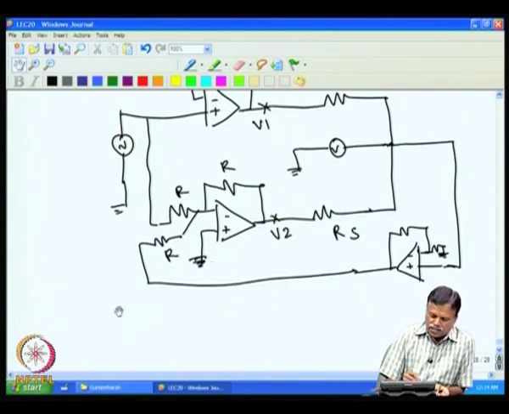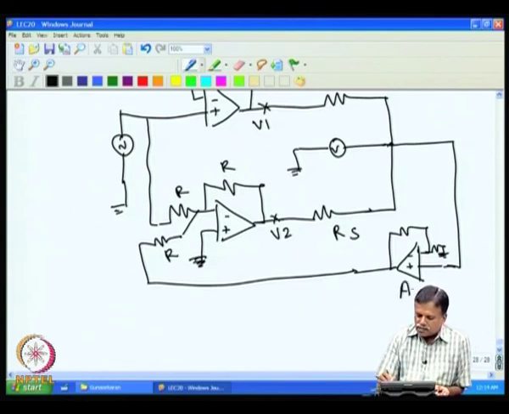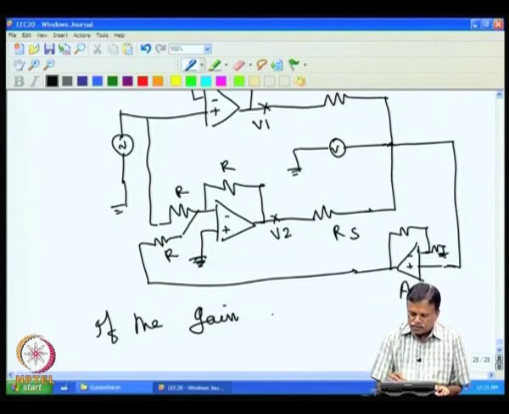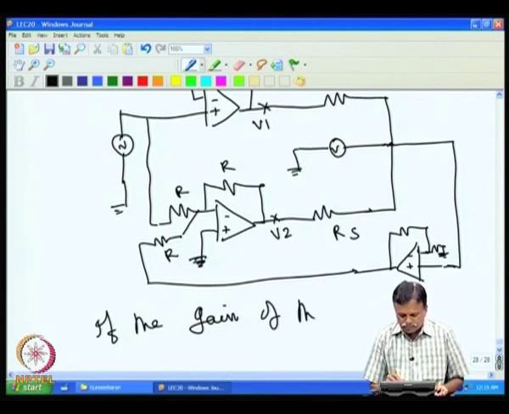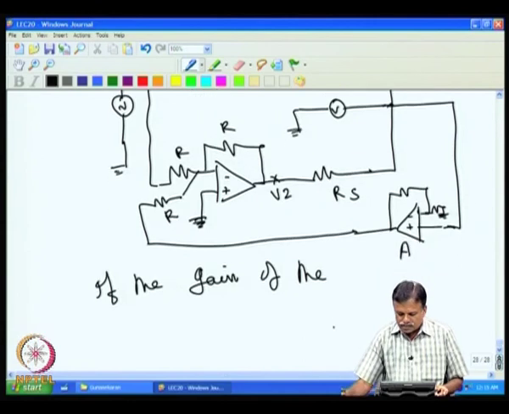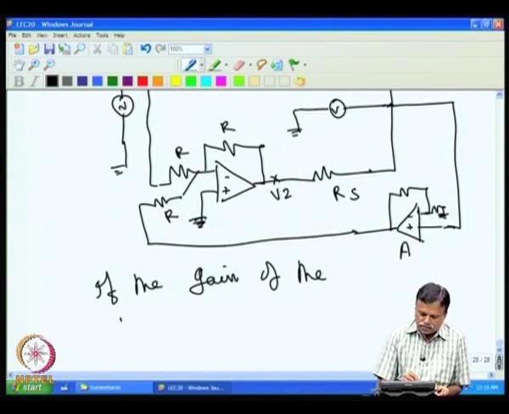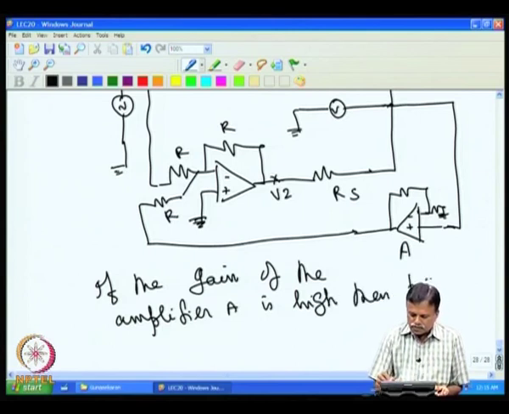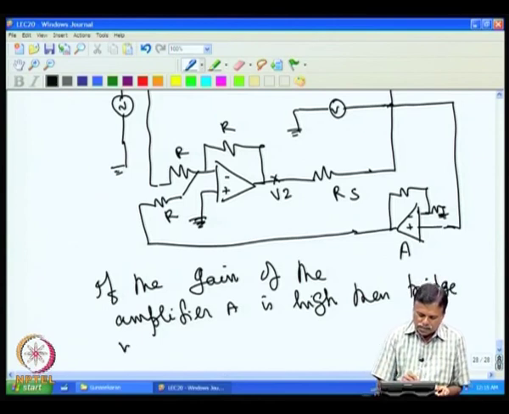So, if you look at it, I will call this amplifier A. If the gain of the amplifier A is high, then the bridge will get balanced automatically.